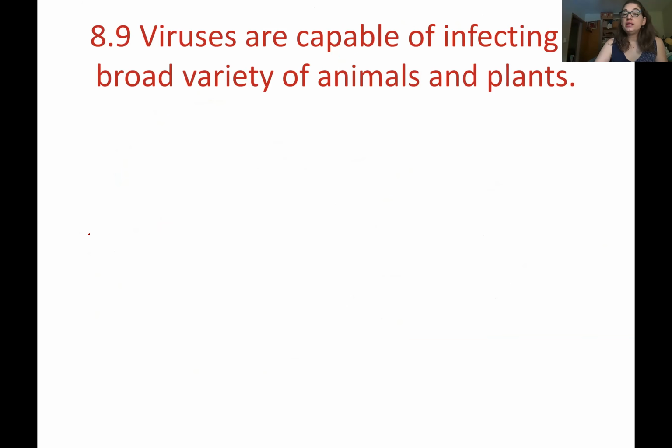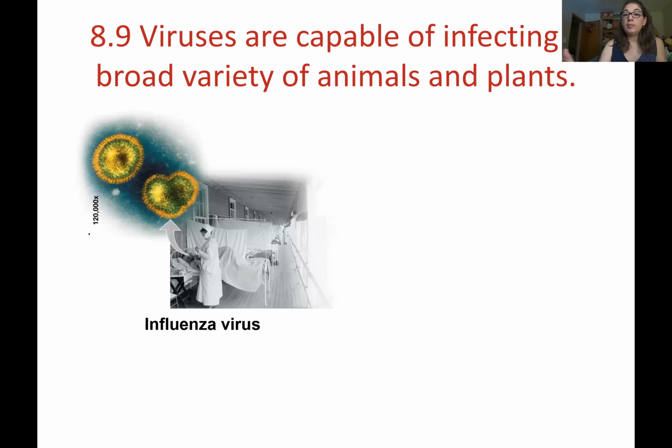Okay, viruses can infect a broad variety of plants and animals. So one virus, this one here, is the influenza virus. We had a very big Spanish flu outbreak in 1918, which people are comparing to what's happening now globally with the coronavirus.